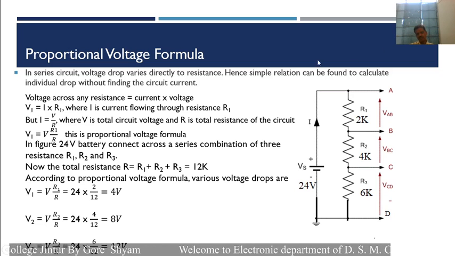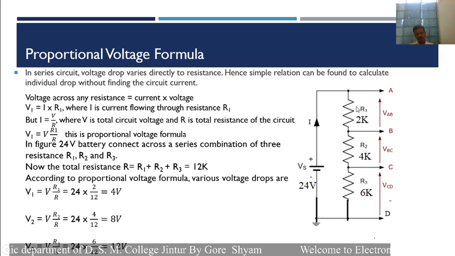In this way we can find the voltage across any individual resistance, and such a formula is known as the proportional voltage formula. And what is the proportional voltage formula? The voltage across any resistance is equal to the total voltage into its individual resistance divided by total resistance.